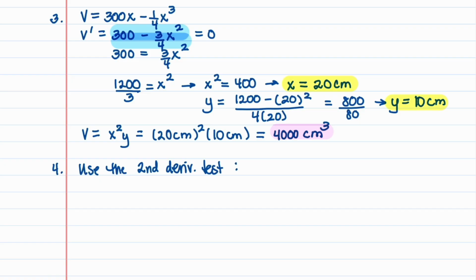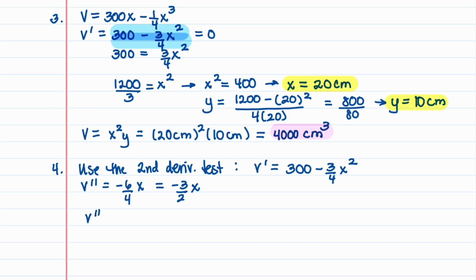Let me write down here what our first derivative is, so we can then take the second derivative. Let's find v double prime. It is equal to minus 6 over 4x, which is minus 3/2 x. Now we're going to substitute in that x is equal to 20 centimeters. So v double prime at 20 is minus 3/2 times 20.